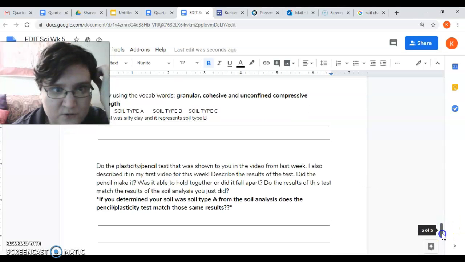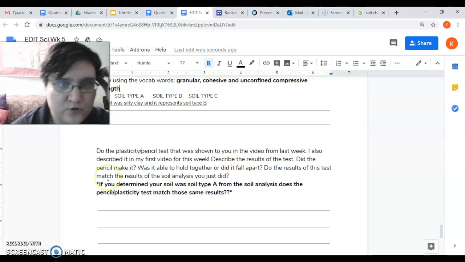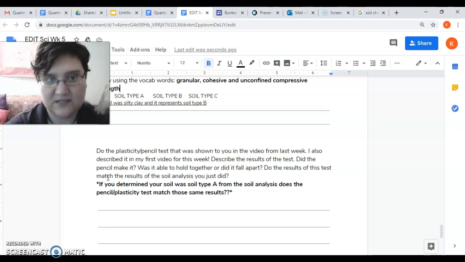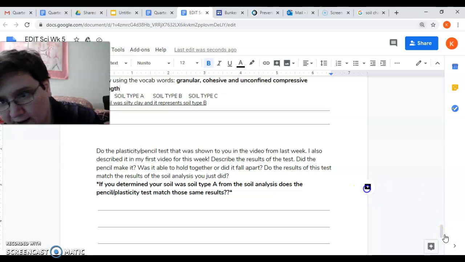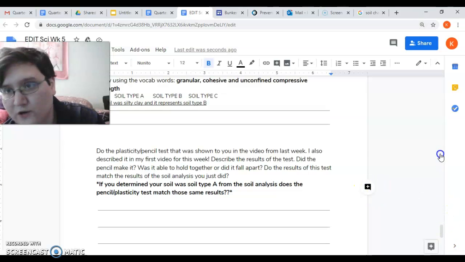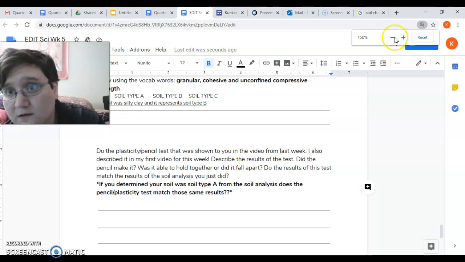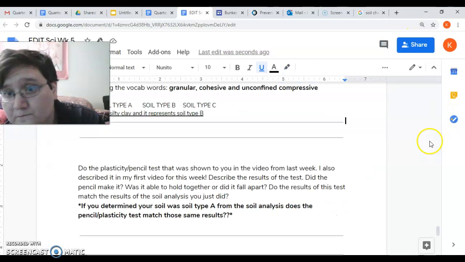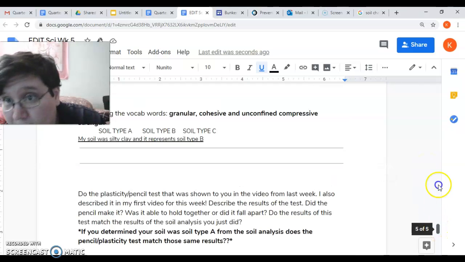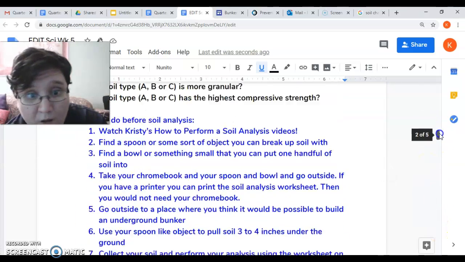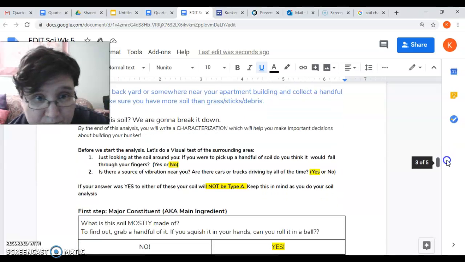Then going on to the next question, it says, do the plasticity pencil test. I've already had to do this test because of my answer to the first question. My first question was, roll it into a ball and see what happens.